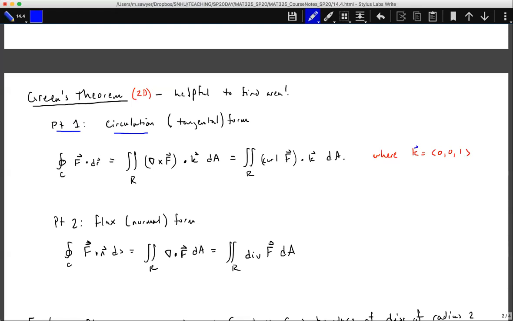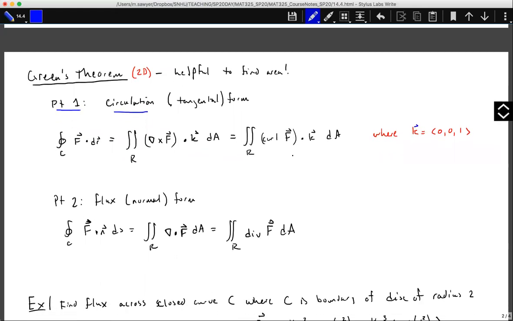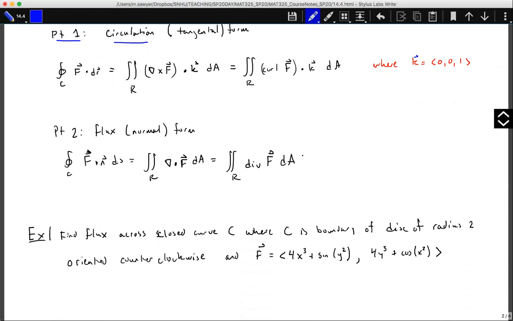So if our curl is equal to 1, then we're essentially finding the area of that region, and we'll see that in a moment. And the flux form is, over the closed curve C, the integral of F dot n is equal to the double integral of the divergence of F over that region, so the sum of all the little divergences of F.